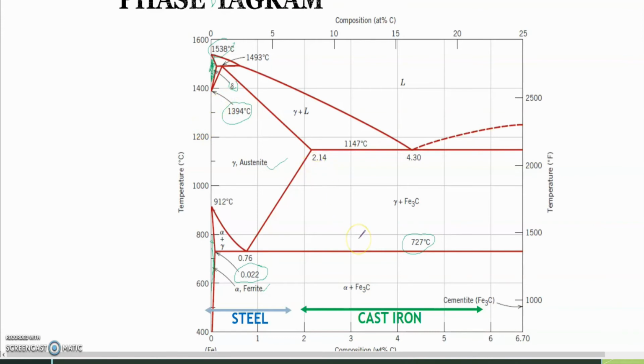And then we go to the austenite. Where is austenite? Okay, here this austenite. Okay, lambda. Dia punya simbol dia lambda. The austenite phase, or known as gamma iron, has maximum solubility of carbon at 2.14 weight percent. Okay, at 1147 degrees Celsius.